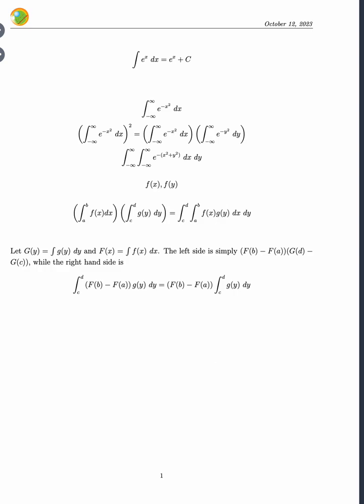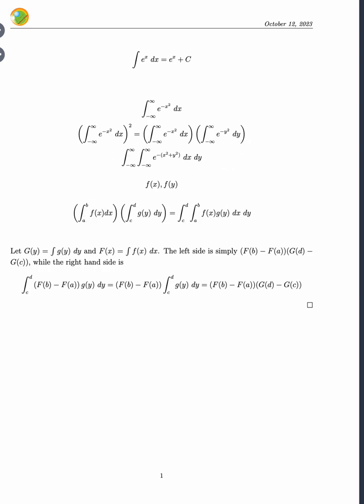So now this one just becomes big G of d minus big G of c, multiplied by F of b minus F of a. And we're basically done. So yeah, the proof is complete, and now we know that this one actually holds.